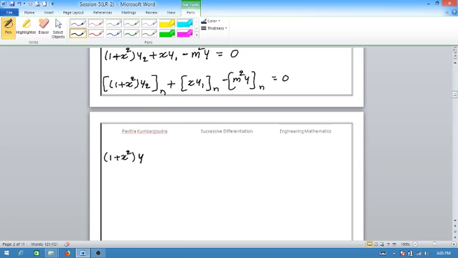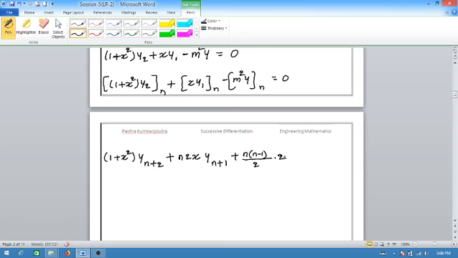So that will be y n plus 2, plus differentiation of 1 plus x square. So nC1 is n. Differentiation of 1 plus x square is 2x, right. So the n minus 1th derivative of y2, that is y n plus 1, plus nC2 is n into n minus 1 divided by 2 factorial, times 2, the differentiation of 2x.